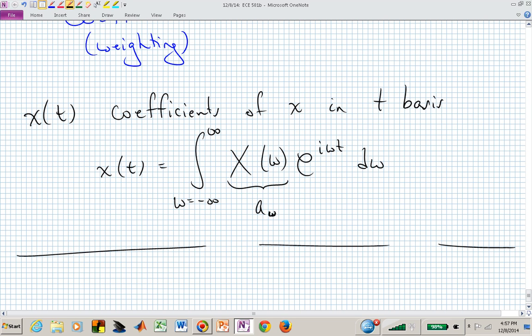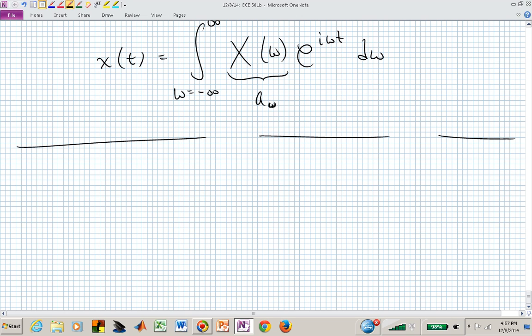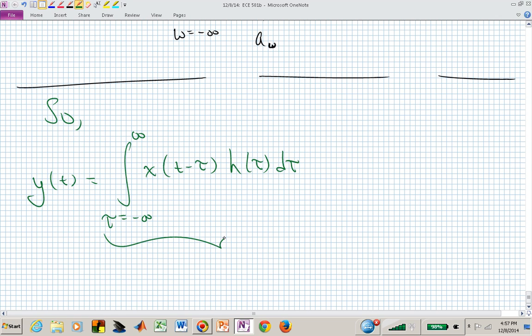We can also relate those in terms of time domain and frequency domain relative to what you've learned already in earlier classes. Meaning, if we start with y of t, let's say is this convolution integral from tau equal minus infinity to infinity of x of t minus tau, h of tau d tau, that's this convolution in time, meaning you give me an input and a system.